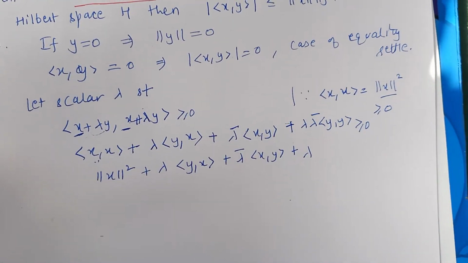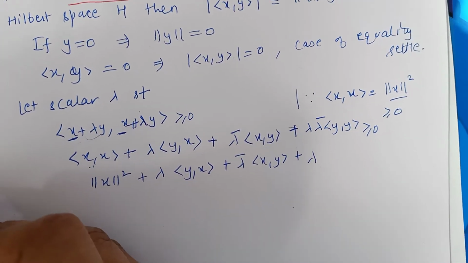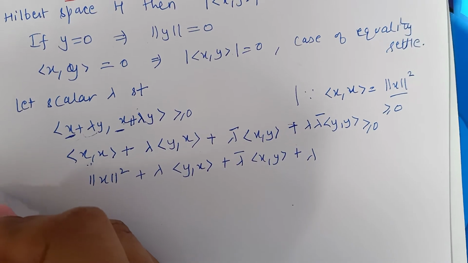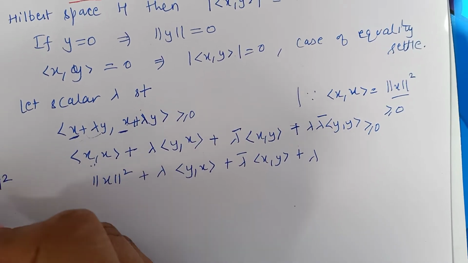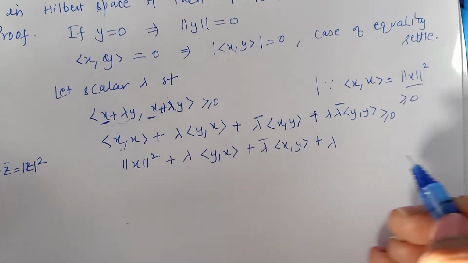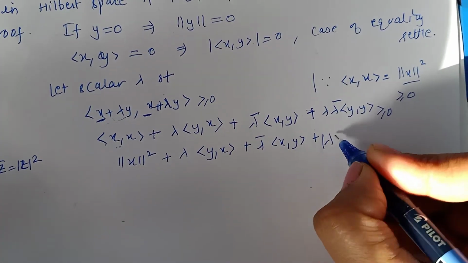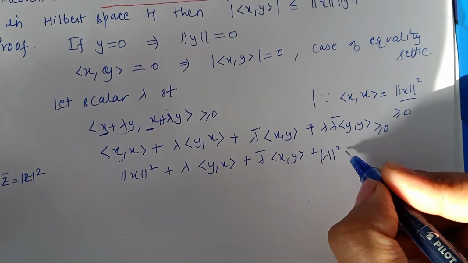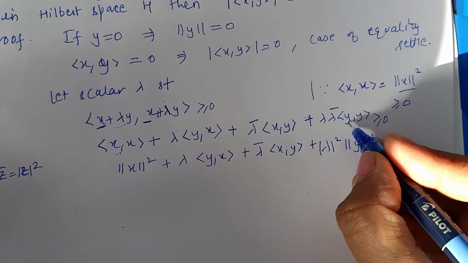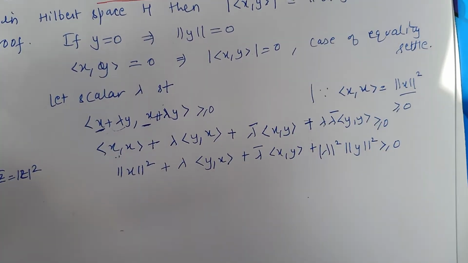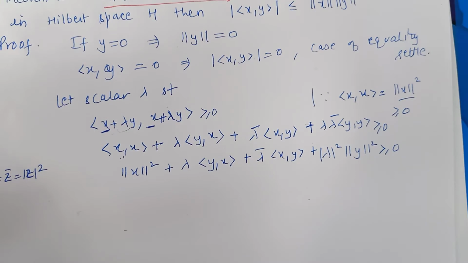Now we know that for a complex number z, z into z conjugate is basically mod of z square. So using this concept, we can write this lambda into lambda bar as mod of lambda square, and further the inner product of y with itself is norm of y square.